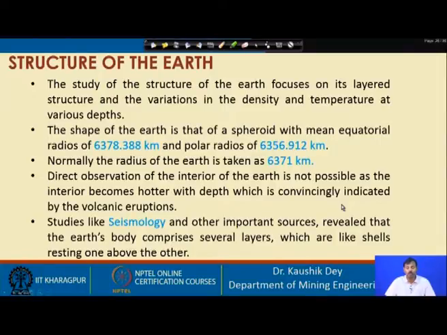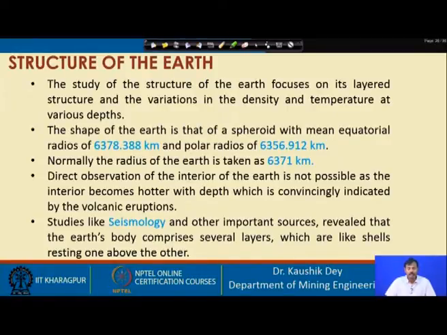Earth is layer by layer, and variations in density and temperature exist for all the layers as per the depth. As we stay on the surface, our temperatures are more or less similar to the atmospheric temperature, but the moment we go deeper and deeper, the temperature varies. Similarly, the density of the rock medium also varies.